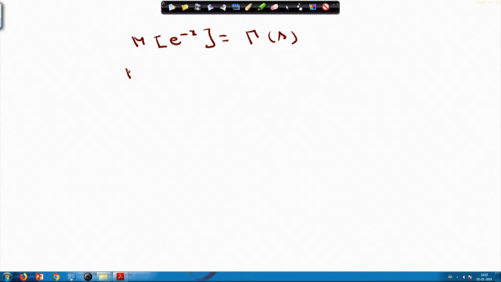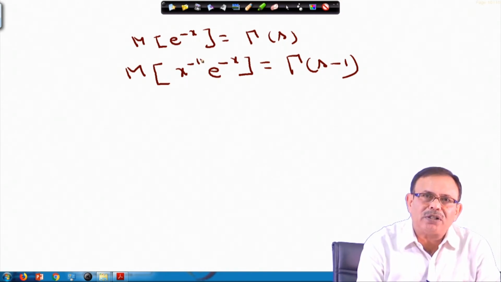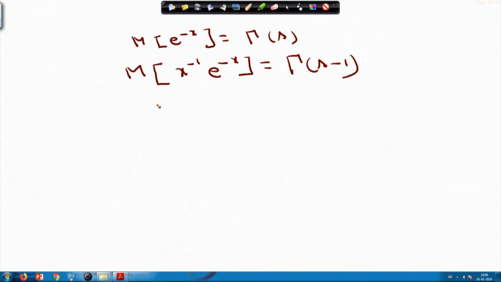So, using the shifting property, we can write the Mellin transform of x to the power minus 1 times e to the power minus x as gamma of s minus 1. Since I know the Mellin transform of e to the power minus x is gamma s, this x to the power minus 1 e to the power minus x is e to the power minus x by x.